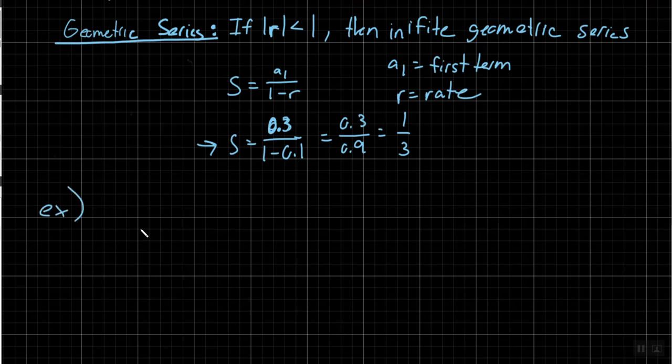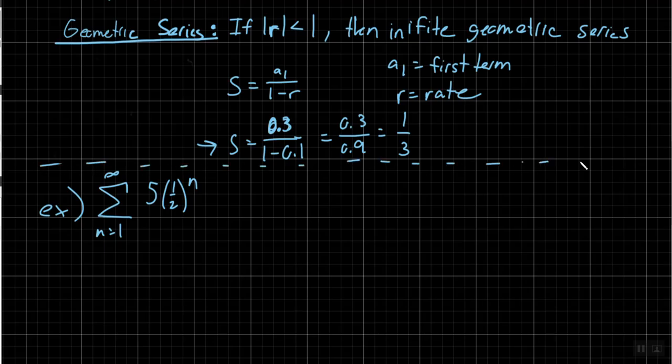Let's do the infinite sum from n equals 1 of 5 times 1/2 to the n. And I want you to find two things.